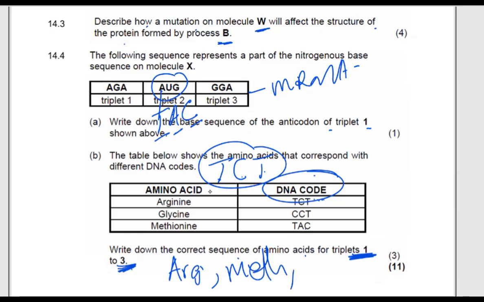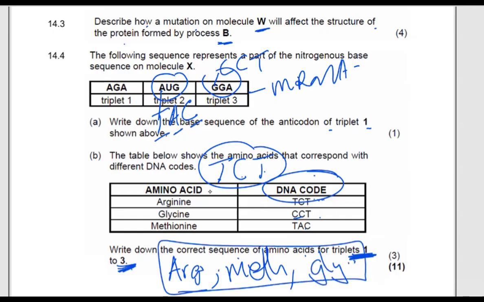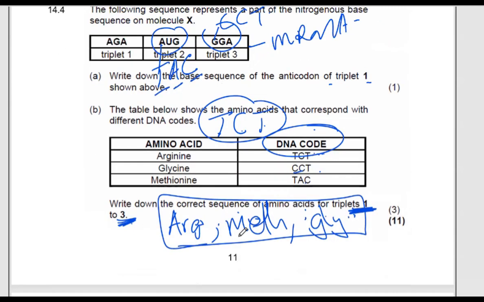And then automatically the last one, just to verify, is going to be CCT, which is glycine. So basically, this is what you're supposed to write, but you write it in full so that you get the answer right.